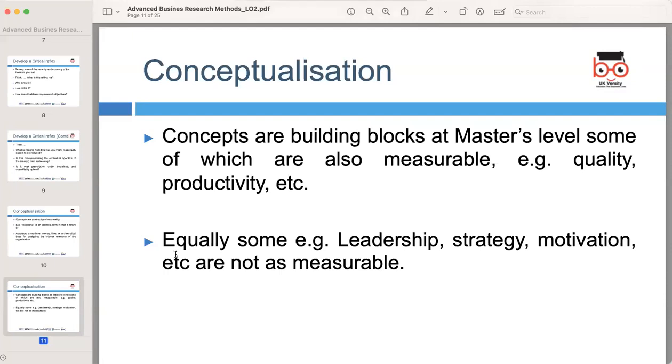By simplifying complex ideas into manageable units, concepts provide us with a common language to communicate and explore the qualities of our environment. One such concept we will explore today is resource.